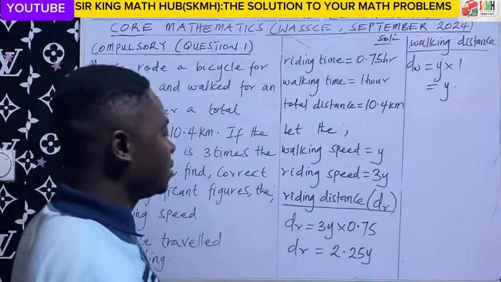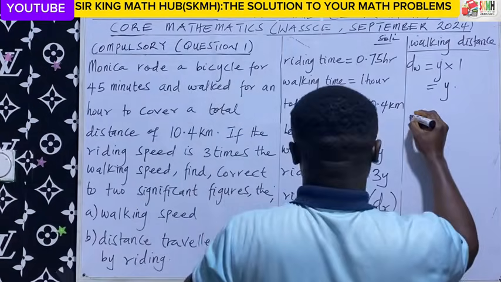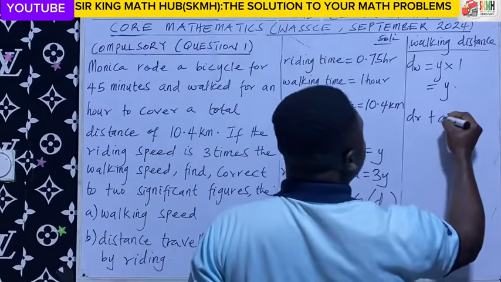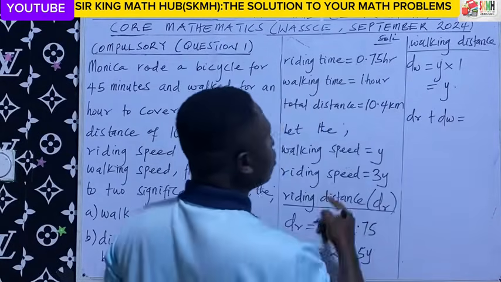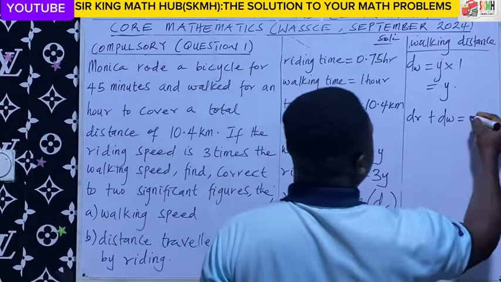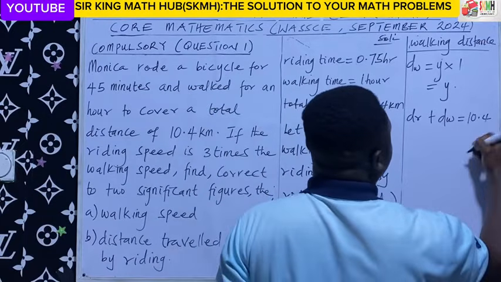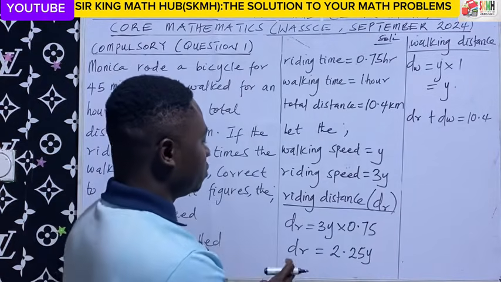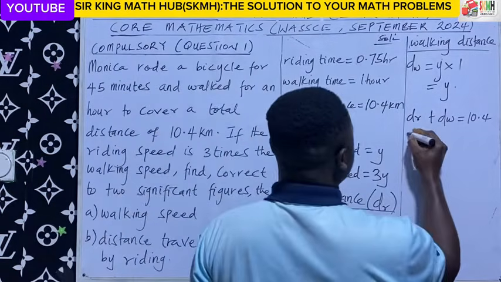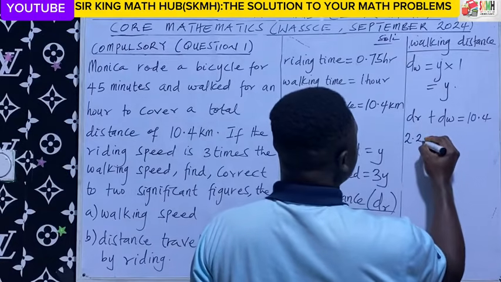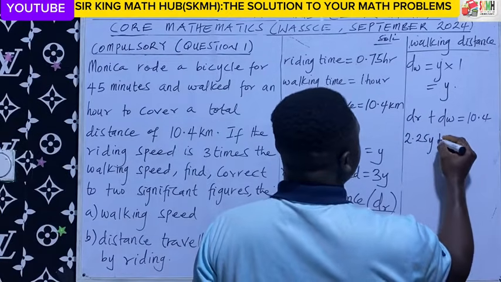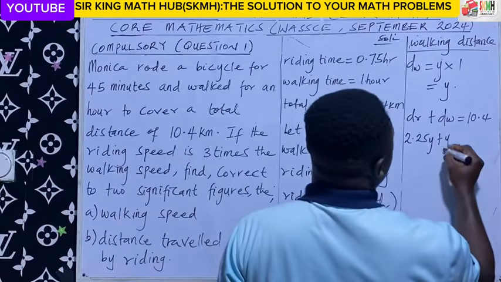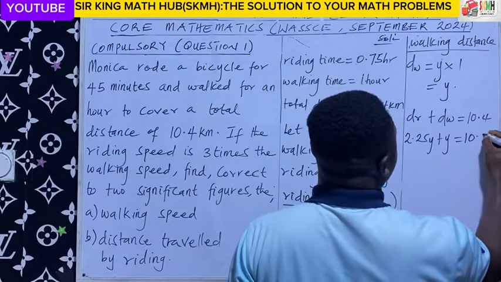As we said, her riding distance plus her walking distance must be equal to the total distance, which is 10.4. So let's do the substitution. The riding distance is 2.25y and the walking distance is y. This should be equal to 10.4.